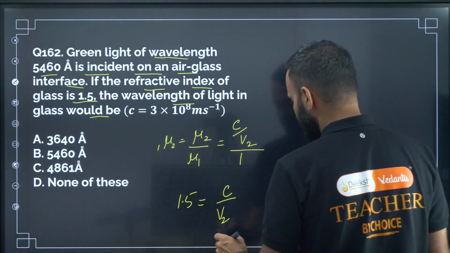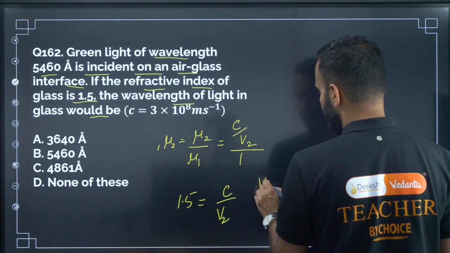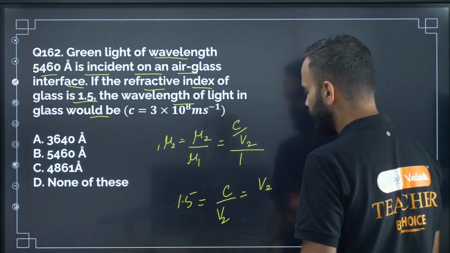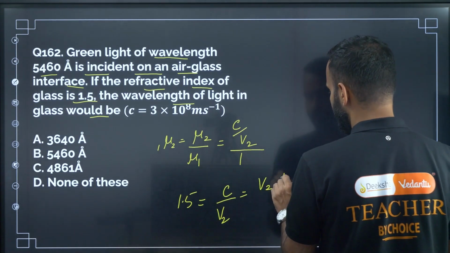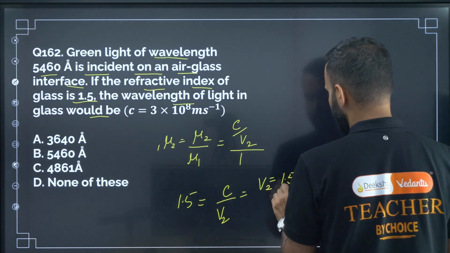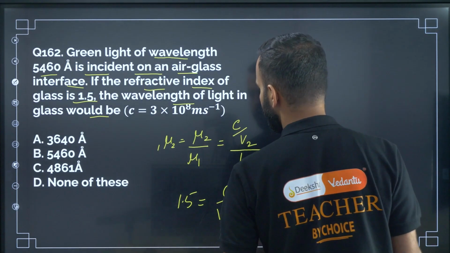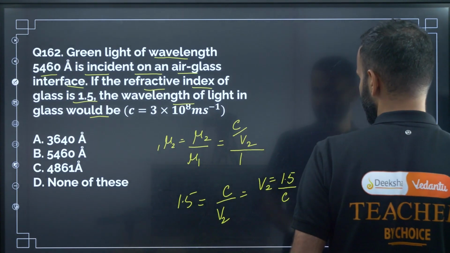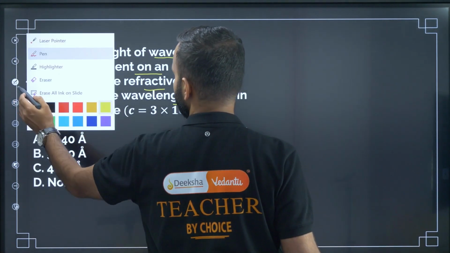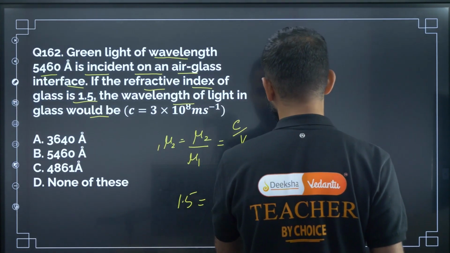So let us find V2. V2 is equal to C divided by 1.5.